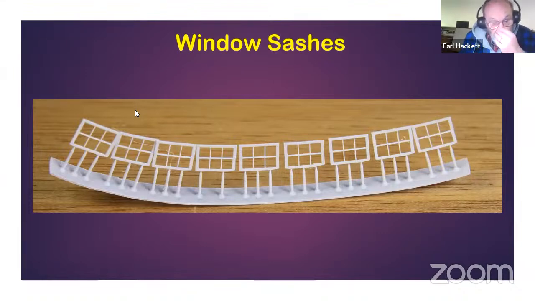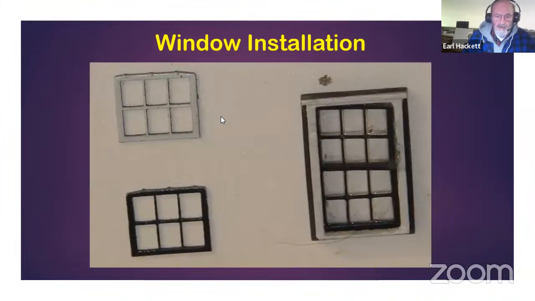The sashes themselves, I printed in long strips like this. These have been sprayed with a white primer, so the latex paints will stick to it. When I was spraying them, I put tape on the ends to hold them down flat so that they don't make a great big mess of it. This window here was a reject.